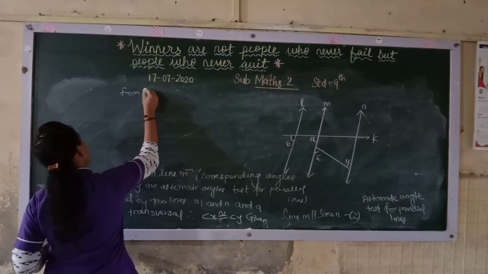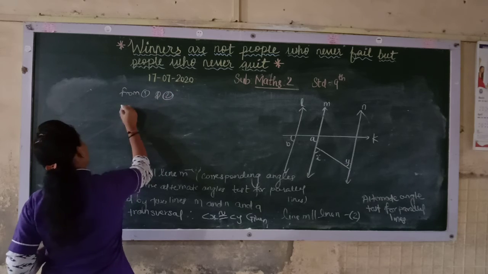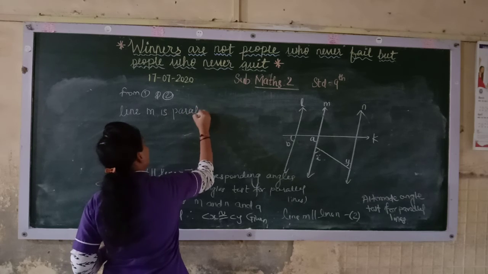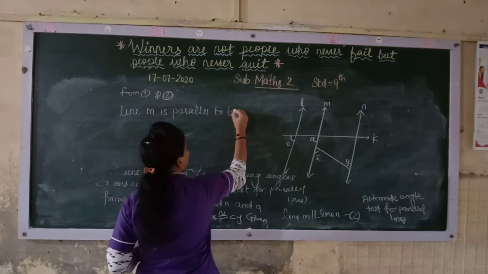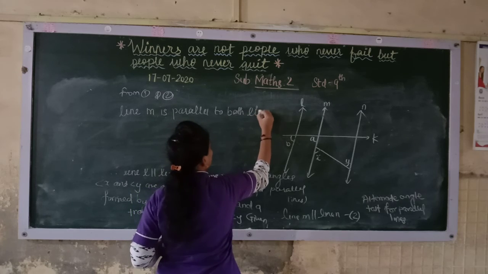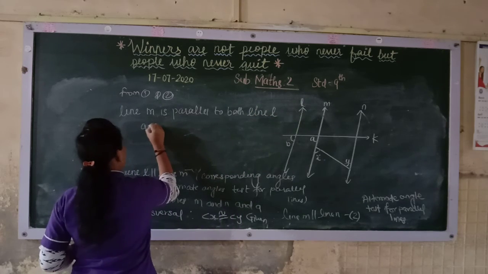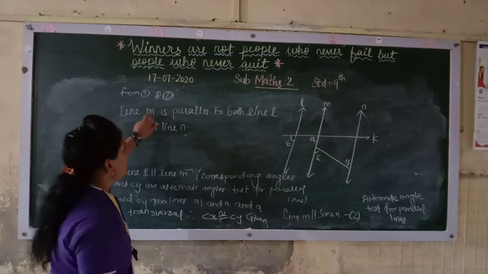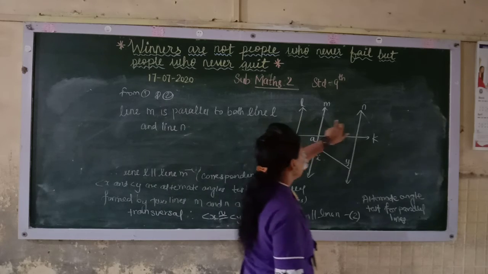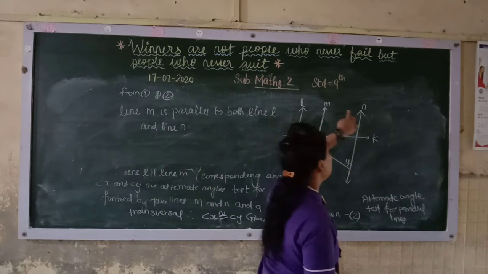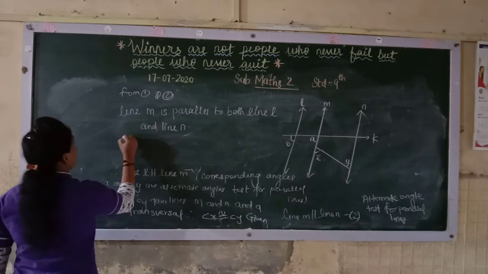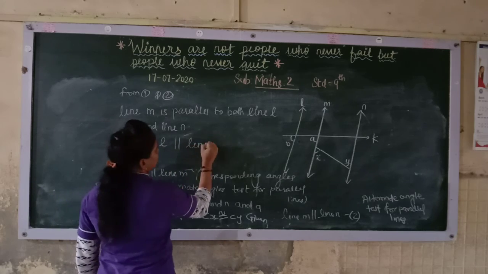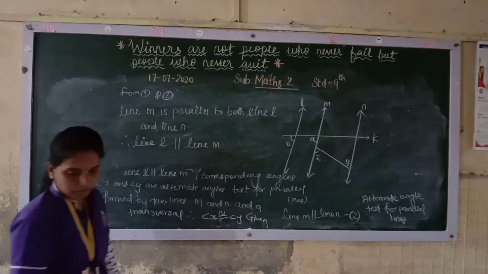From 1 and 2, line M is parallel to both lines, line L and line N. M is parallel to L also, and M is parallel to N also. Therefore, you will get that line L is parallel to line N.